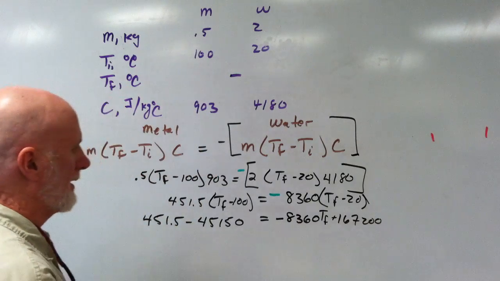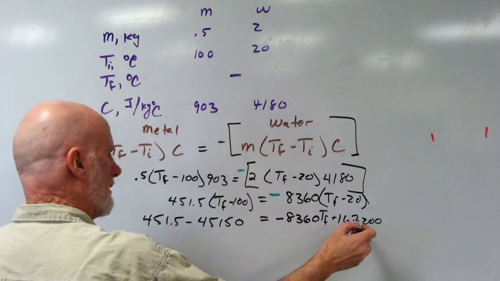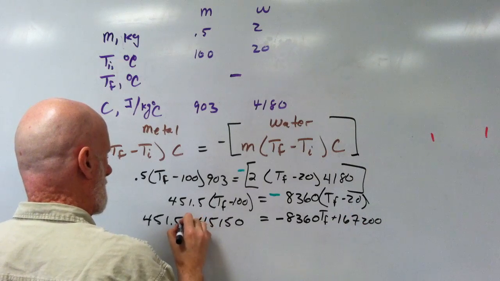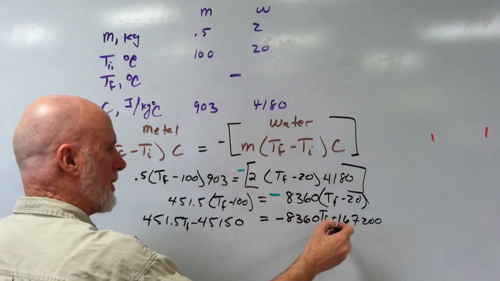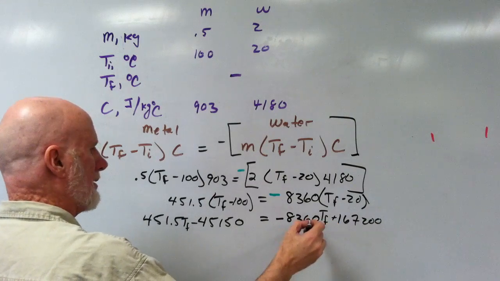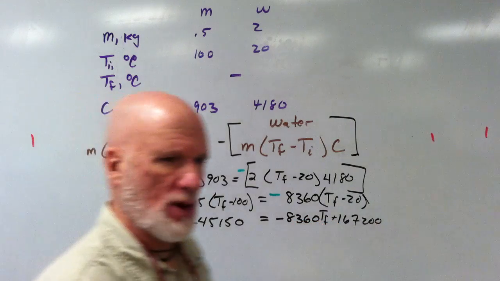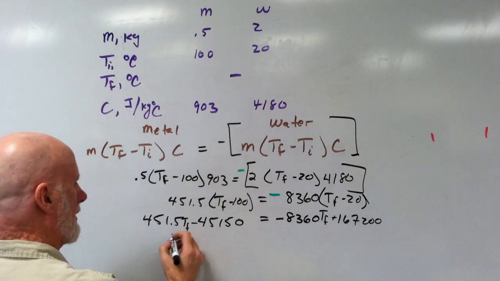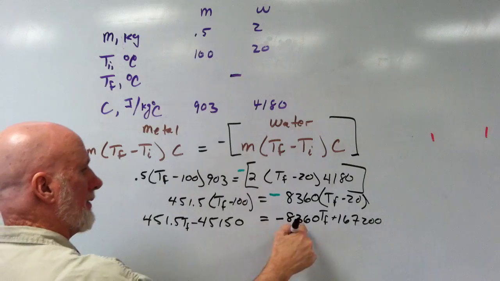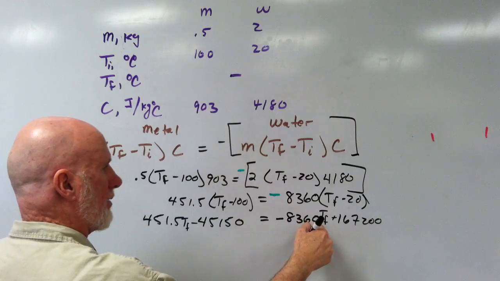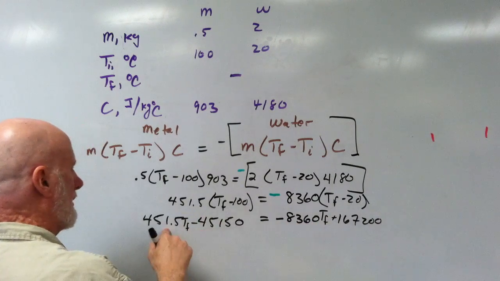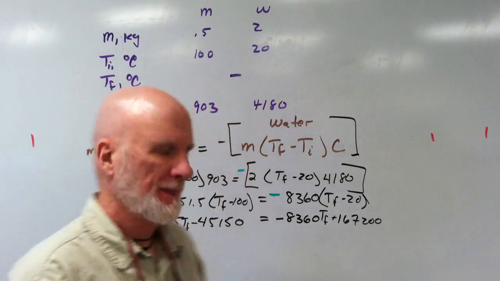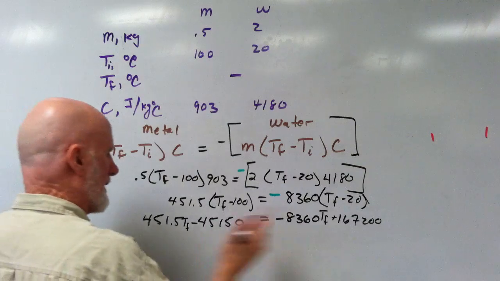Okay, good. All right, now. That we had to subtract. I forgot the TFs both, right? Yeah. So add 8360 TF to both sides. Add that to 451.5 TF. I'm going to add this plus this.